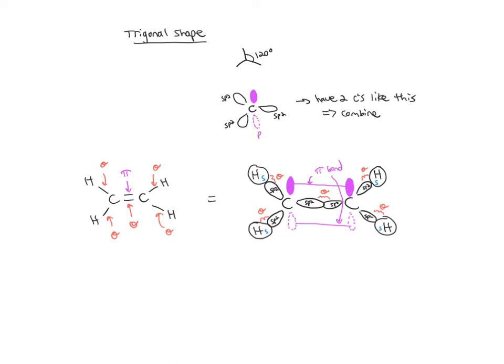With head to head overlap you get a little bit more overlap, so it's a little bit stronger of a bond. Sigma bonds are stronger than pi bonds, just because of the type of overlap, and that's going to be important when we talk about reactions as well. So that's how we would draw all of the orbitals for this particular molecule, knowing that those carbon atoms are sp2 hybridized.